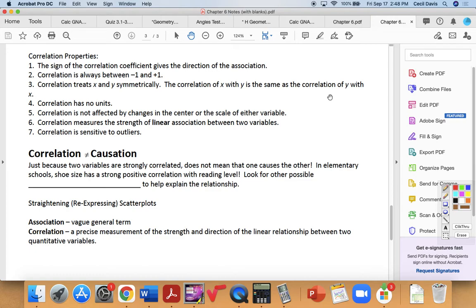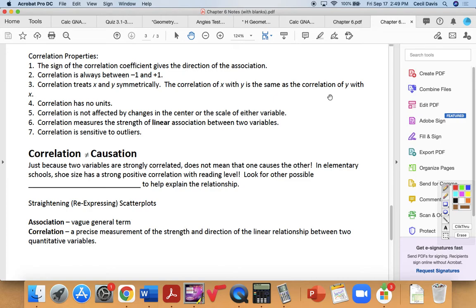Notice the correlation treats x and y symmetrically. The correlation of x with y is the same as the correlation of y with x. That's kind of interesting. But it makes sense. Correlation has no units because we used z-scores, which have no units, right? Correlation is not affected by changes in the center or the scale of either variable.